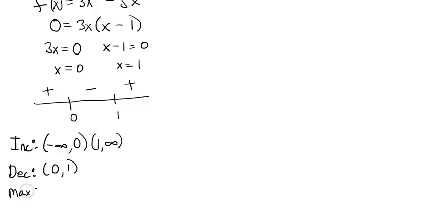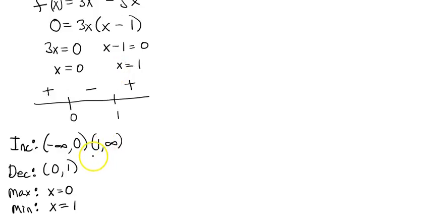I also know that I have a max where we change from positive to negative, which is at 0, and a min where we change from negative to positive, which is at 1. So I have learned all of that about my graph using this process. And this is our first derivative test.